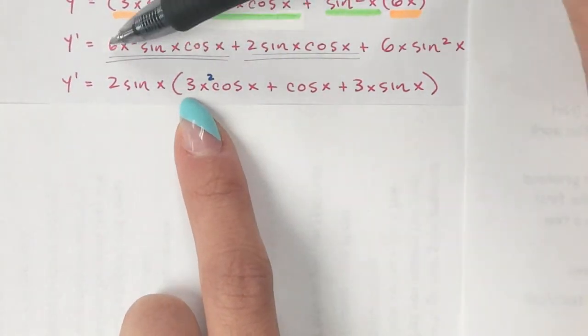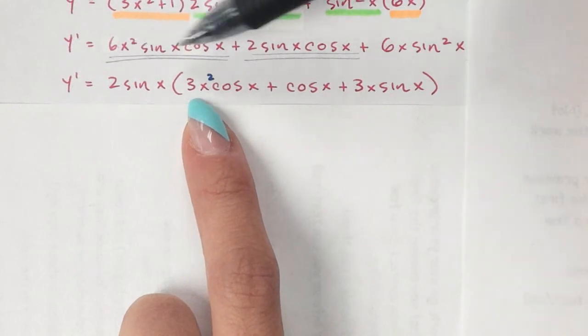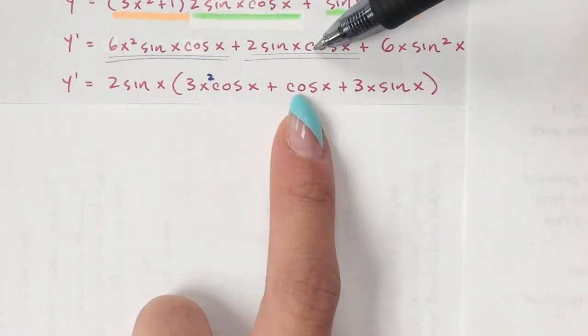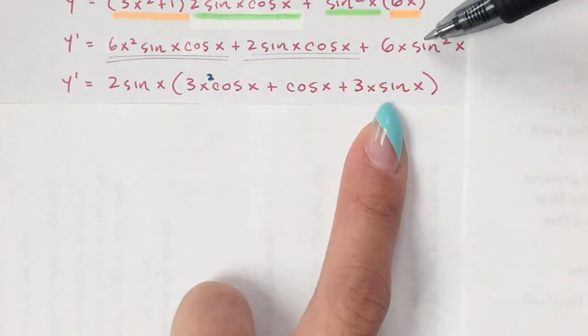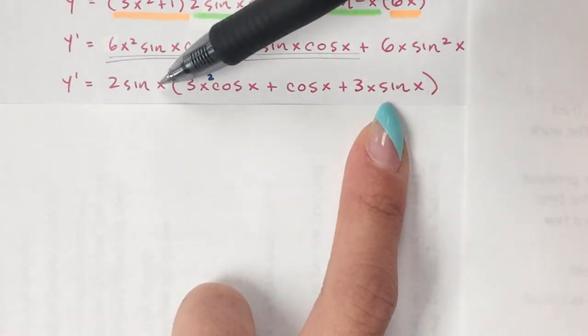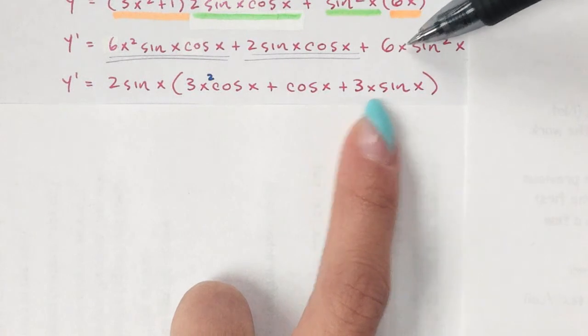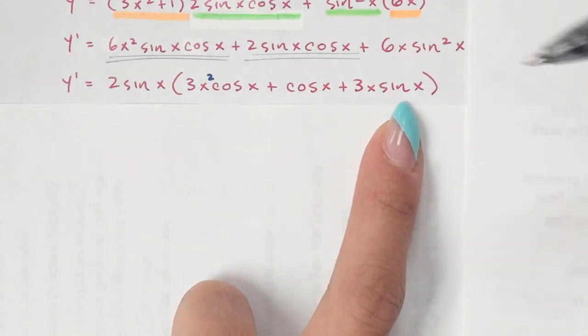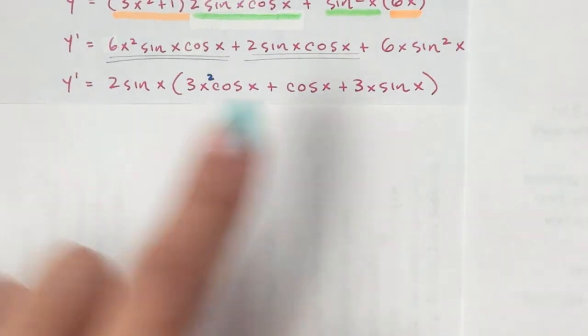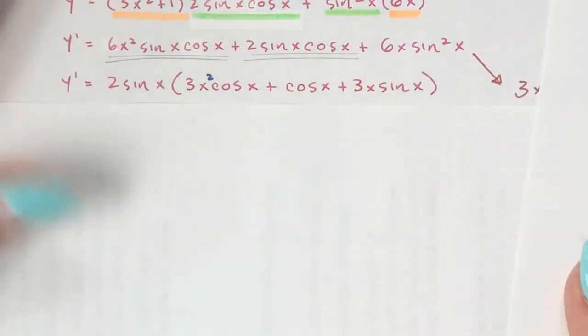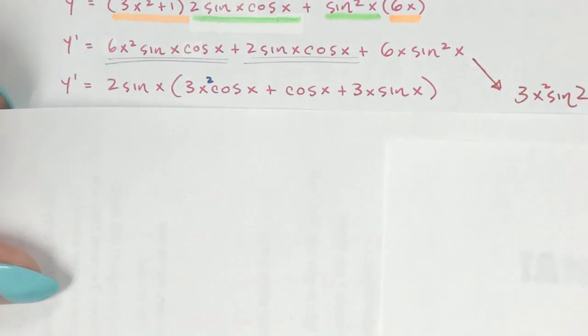What's left here would be a 3, an x squared, and a cosine. What's left here if I factor out the 2 sine x is cosine. And then what's left here if I factor out a 2 and a sine x is going to be a 3, an x, and then another sine x. Okay? This is the final answer. That is totally fine.